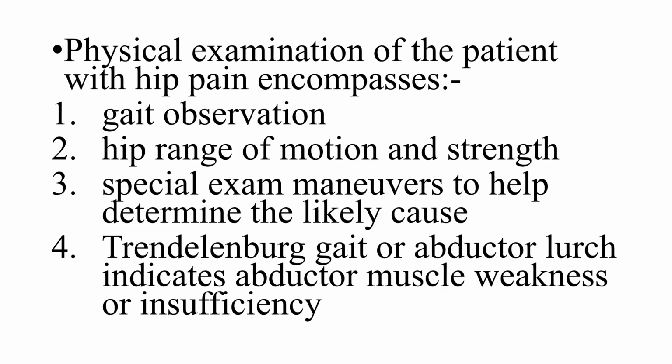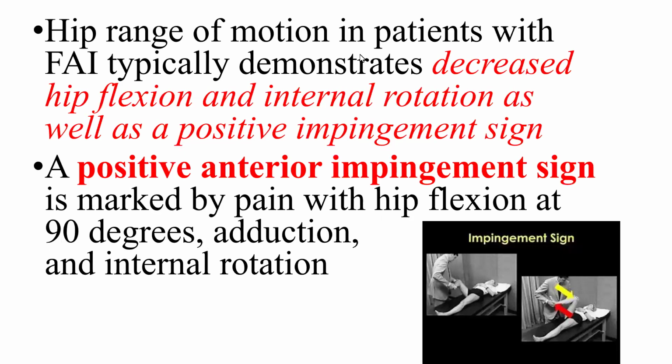A Trendelenburg gait or abductor lurch indicates abductor muscle weakness or insufficiency. The hip range of motion in patients with femoroacetabular impingement typically demonstrates decreased hip flexion and internal rotation, as well as a positive impingement sign.